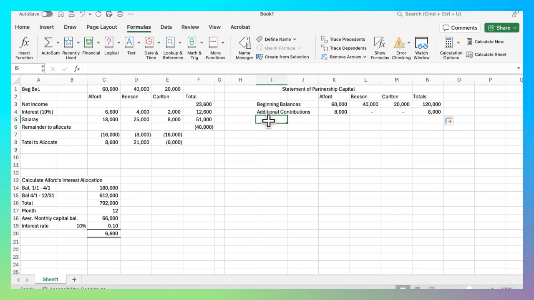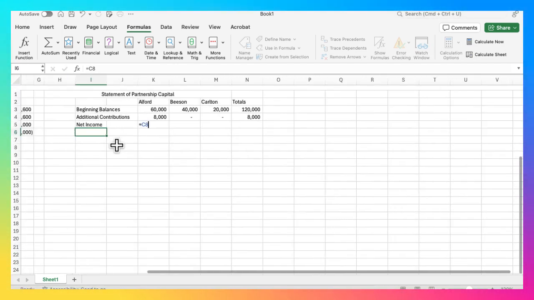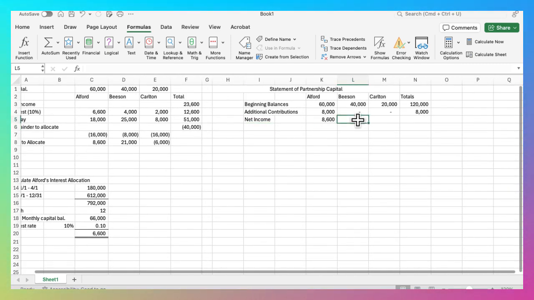Okay. So then we're just going to basically plug and chug. We're going to calculate how much of the net income is going to be allocated. Okay, so that's easy. We already calculated that, right? For Alfred, it's going to be the 8,600.